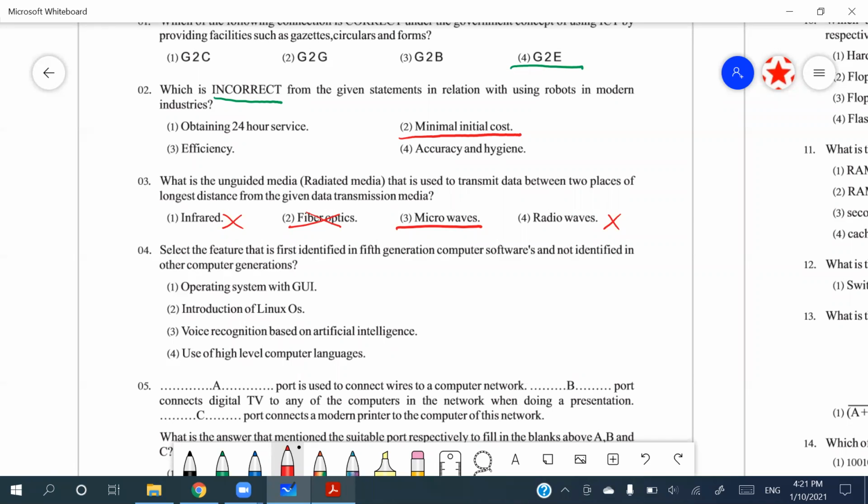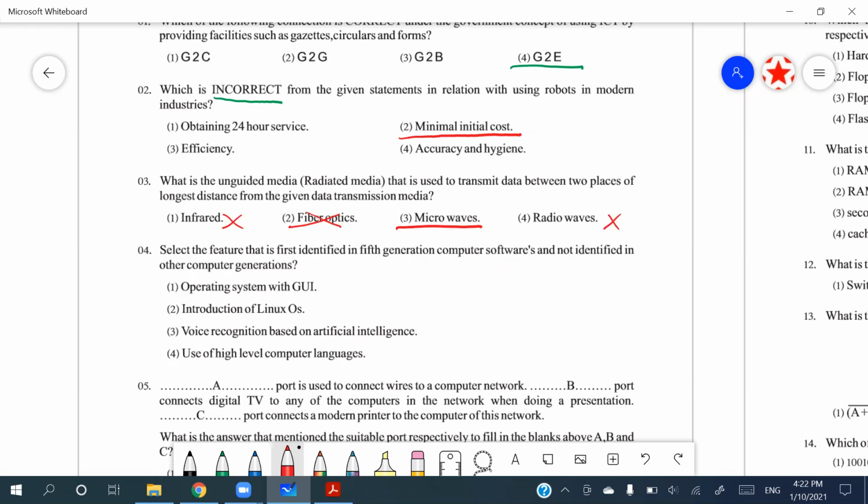And the fourth one: select the feature that is first identified in fifth generation computer software and not identified in other computer generations. So they're talking about the fifth generation. We know specifically that when it comes to the fifth generation, the technology lies with artificial intelligence and ultra large scale integration. Operating system with GUI started from the second to third generations.